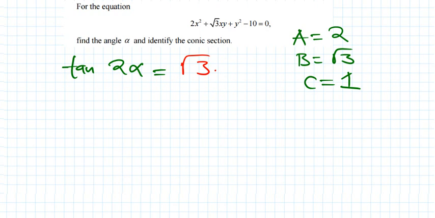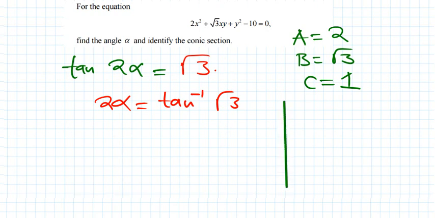So to find the angle alpha, what do we do? We can find the tan inverse of root of 3. Assuming calculators are not allowed, you look at the special triangle, the 30-60 triangle, that's why we find the root of 3.